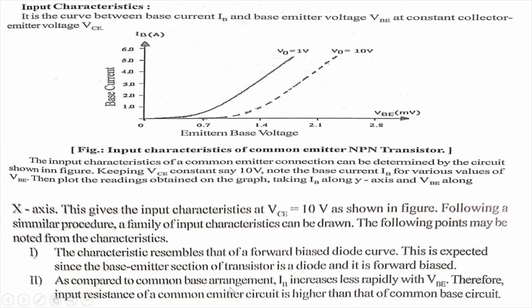Compared to common base arrangement, IB increases less rapidly with VBE. See here that IB increases less rapidly with VBE. Therefore, input resistance of a common emitter circuit is higher than that of common base circuit.